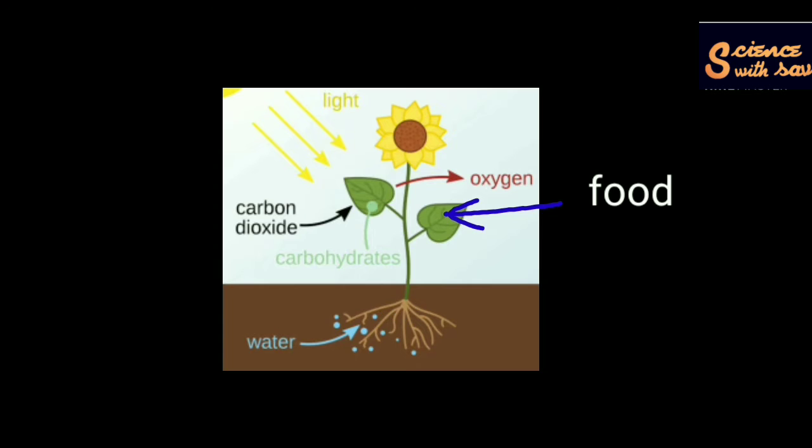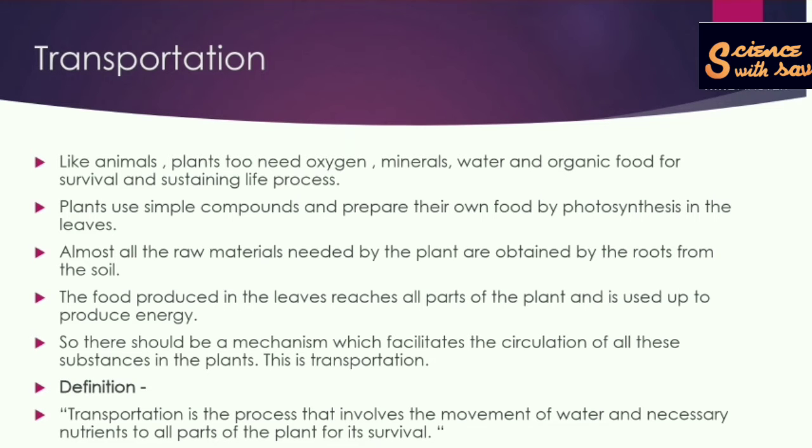It means that there should be a mechanism which allows the circulation of all these substances in plants, and this process is called transportation. If I talk about animals, we have the circulatory system, the cardiovascular system, where we have the blood which is transporting all the materials throughout the body, and the heart is the pumping organ.